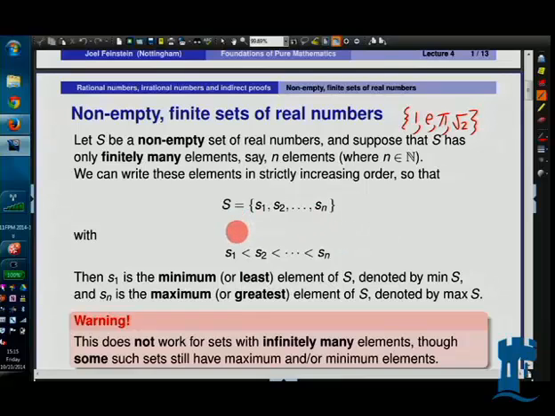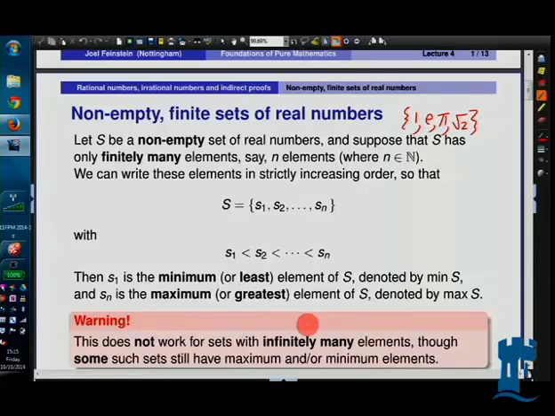And I've written them in order, and I just want to pick out S1 and Sn to be the minimum element and the maximum element, and we've got the notation min S, the minimum element in S, and max S, the maximum element in S. This doesn't work if you've got sets with infinitely many elements in, even if they're bounded sets. You can have a bounded interval which doesn't have a maximum element and doesn't have a minimum element.